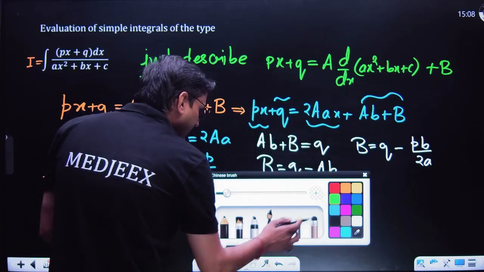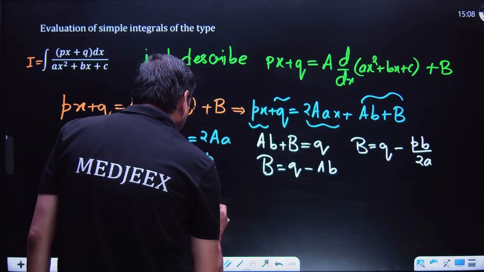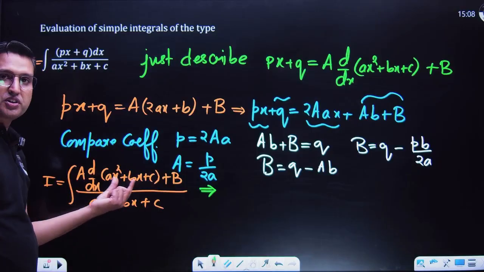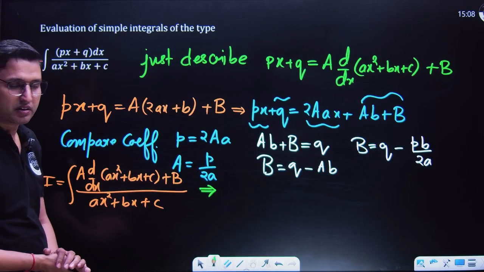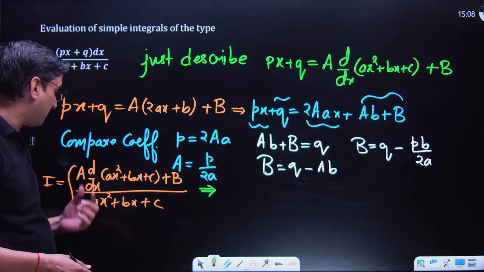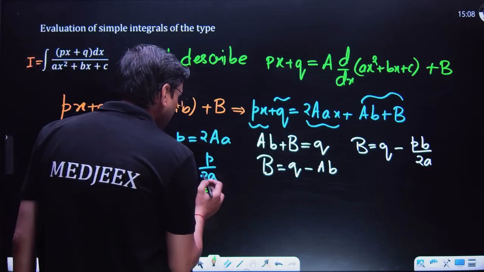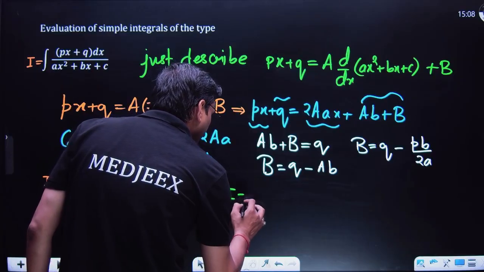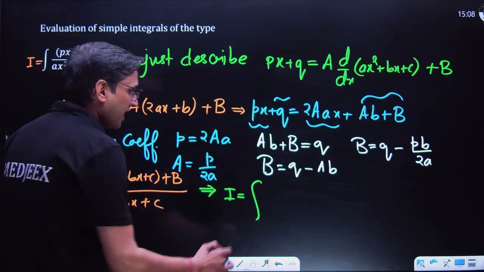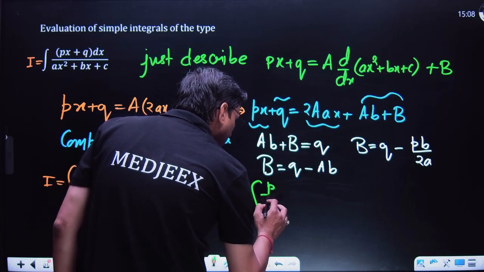Now what I can write, the differentiation of this one we have already mentioned, that is 2ax plus b. But what is A? A is nothing but P by 2a. Then you can mention I is equal to P by 2a.